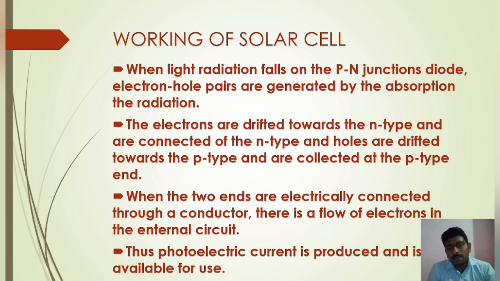In P type semiconductor, as we all know, holes are the majority charge carriers, and in N type semiconductor electrons are the majority charge carriers. In P type semiconductor the minority charge carriers are electrons, and in N type semiconductor the minority charge carriers are holes.